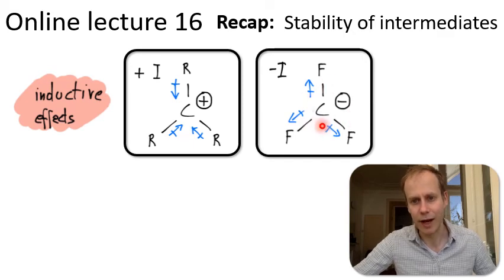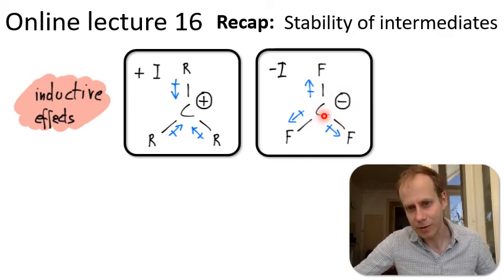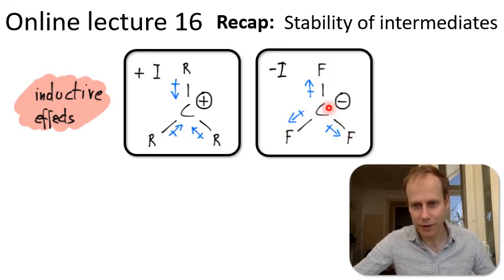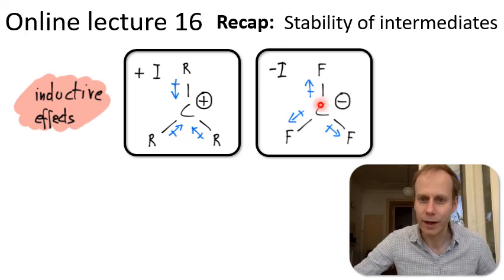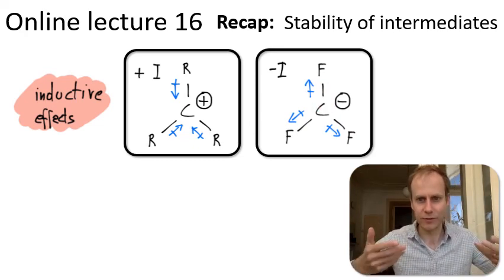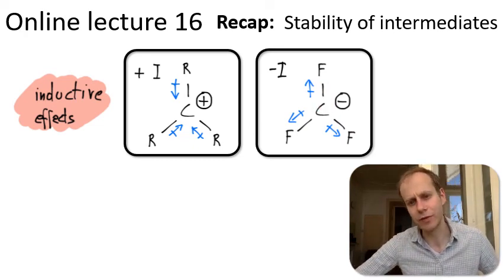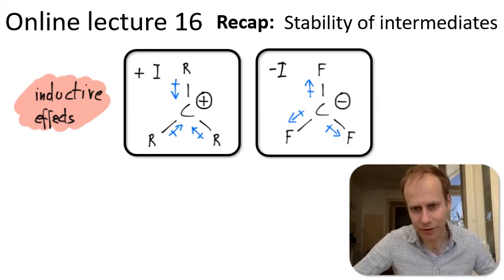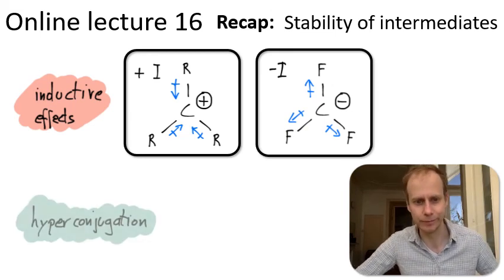So this carbon, which has an additional electron, is stable because these electronegative fluorine groups pull the electron density towards them, and therefore result in a lower energy of this carbanion that stabilizes the molecule.